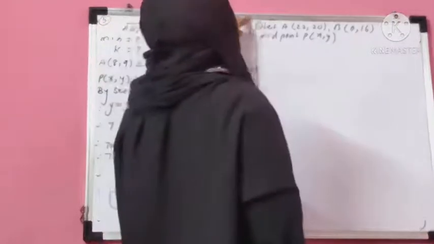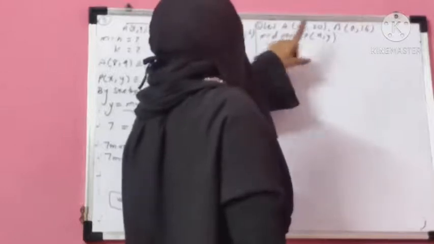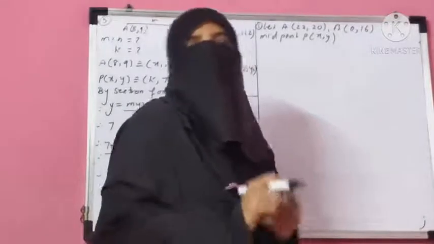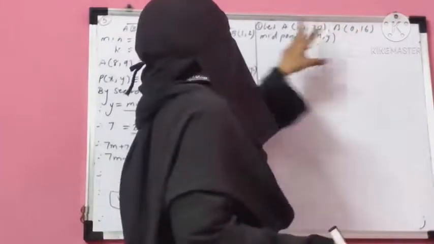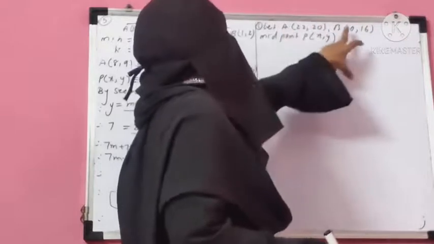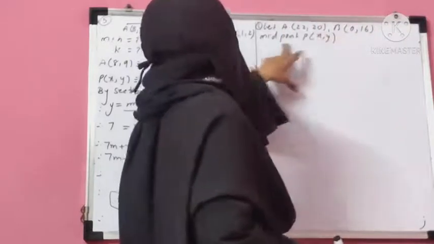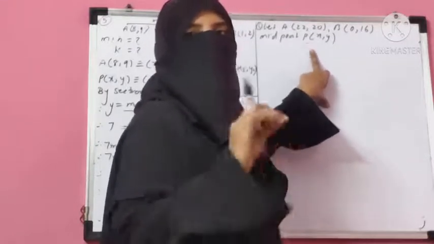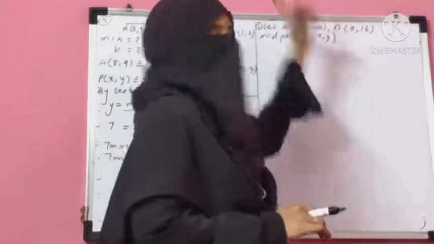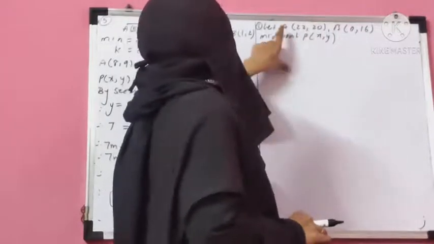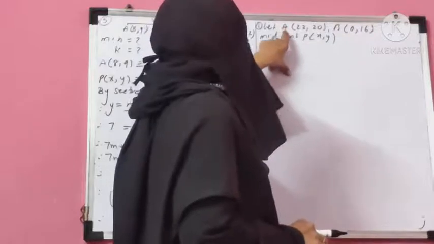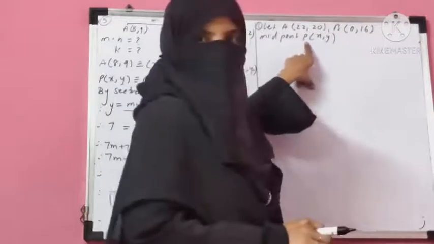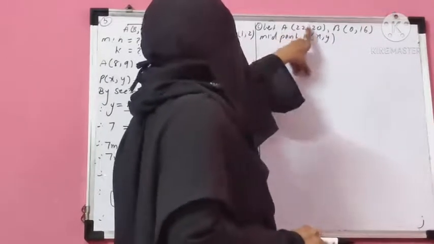Next, question number 6. In question number 6, you have to find the coordinate of the midpoint of these 2 points. So I suppose the name of the first point is A, the name of the second point is B, and the midpoint I suppose here is P. The coordinate of A is nothing but x1, y1.